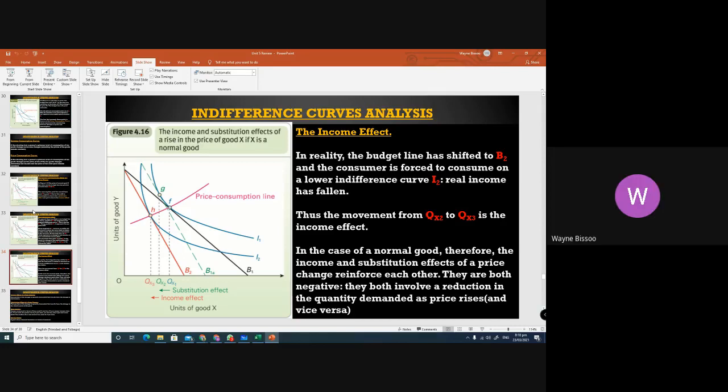So what happens when prices rise? The first reaction by the household is to try and maintain the same level of satisfaction that they were experiencing before. Now, if you look at the diagram on the board here, the first move is to go from F to G. What do you see happening in F to G?